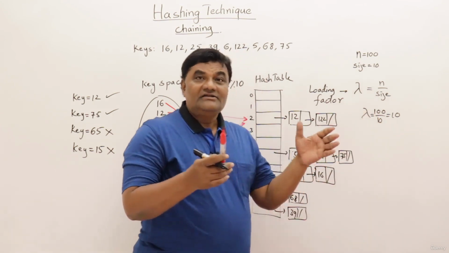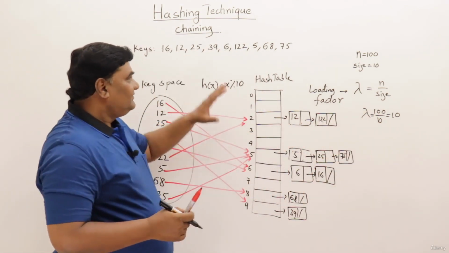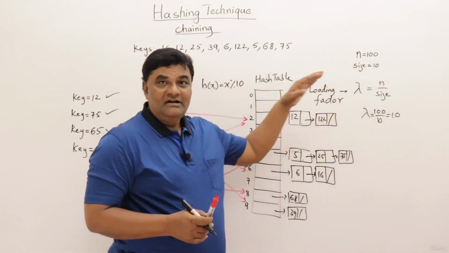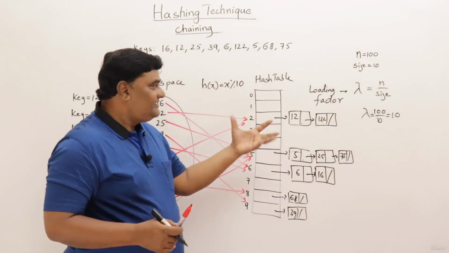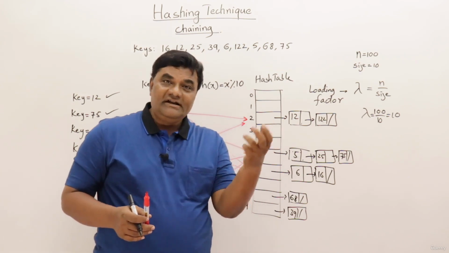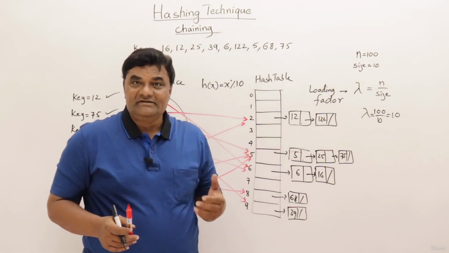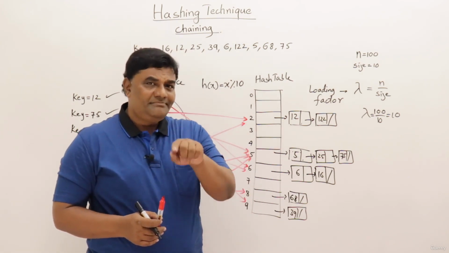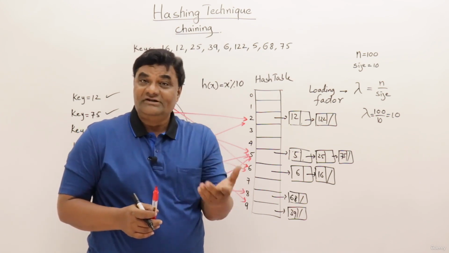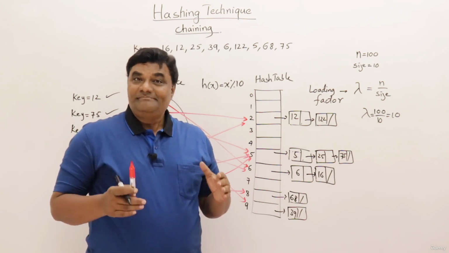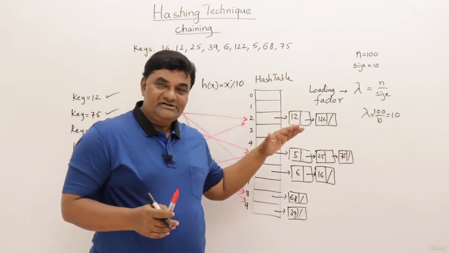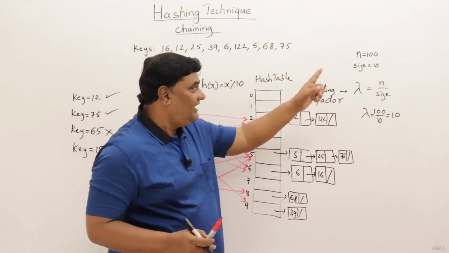With this 10, we are assuming that the 100 keys that I have are uniformly distributed, so each location has around 10 keys. Our assumption may be wrong, but we are expecting that every location has 10 elements if I have 100 elements.